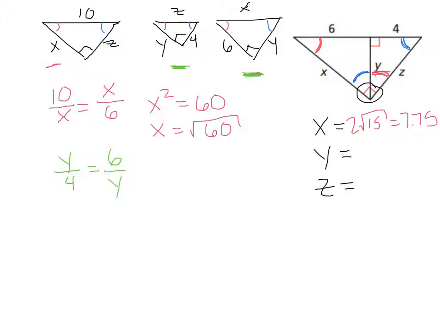So when I use my cross products and set them equal to each other, I end up with y times y, which is y squared, equals 24. Take the square root, and we're going to end up with y equals the square root of 24. That too can be simplified a little bit. We can take out the 4, so we end up with 2 square root of 6, which has a decimal approximation of 4.90.